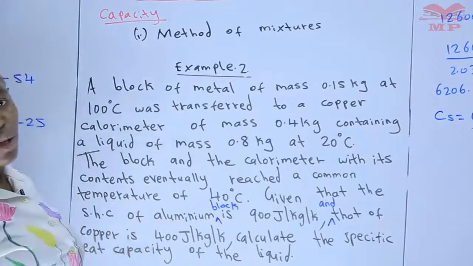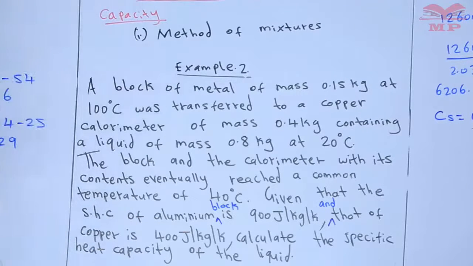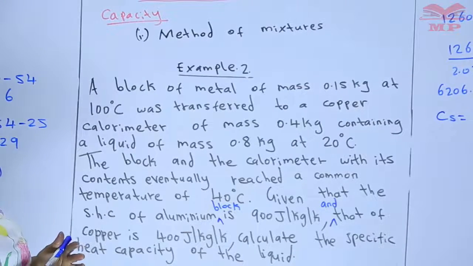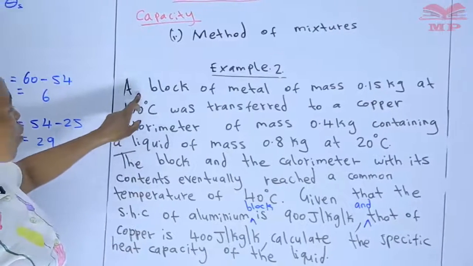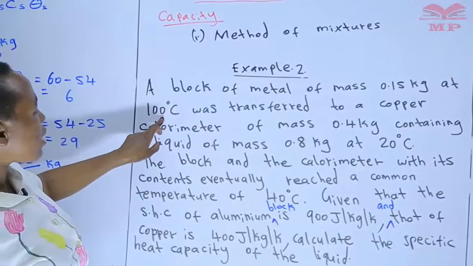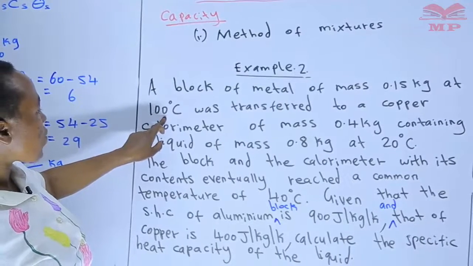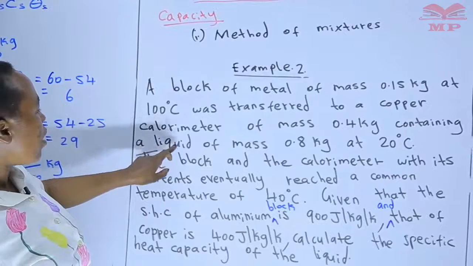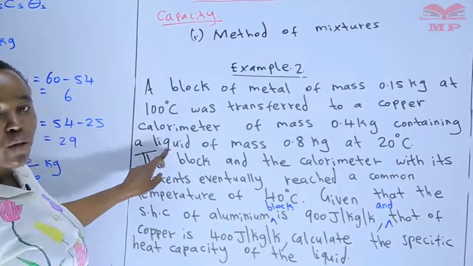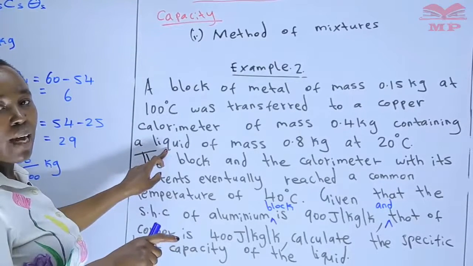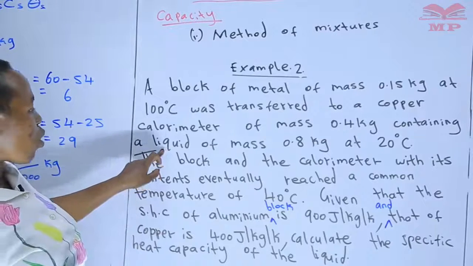So that's another question. In this again, we need to know what is losing heat and what is gaining heat. In this we have a block of metal at 100 degrees Celsius transferred to a copper calorimeter containing a liquid. So here we have a copper calorimeter and a liquid which we don't know.